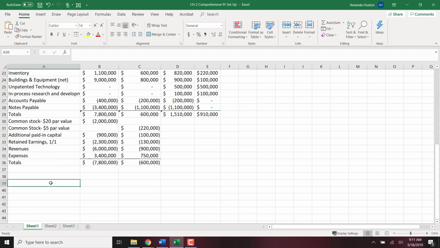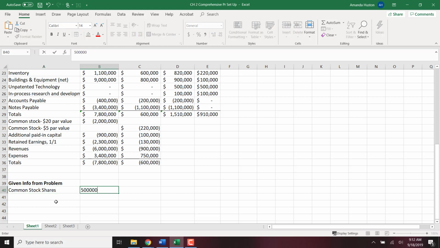Now that I've calculated the fair value differences, I'm going to write down the given information from the problem. This is how I always start my problems. That way I may use this information, I may not when I calculate. So we know that common stock shares are 50,000. They issued 50,000 shares to buy this. Oops, put an extra 0.